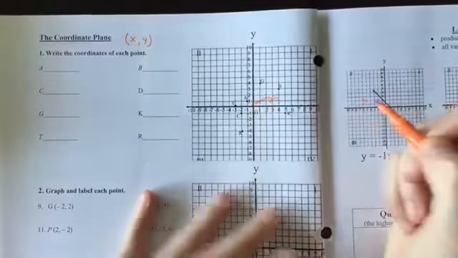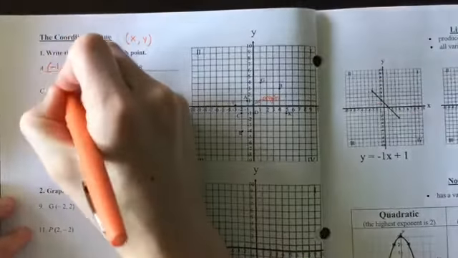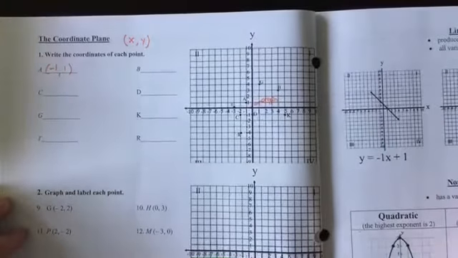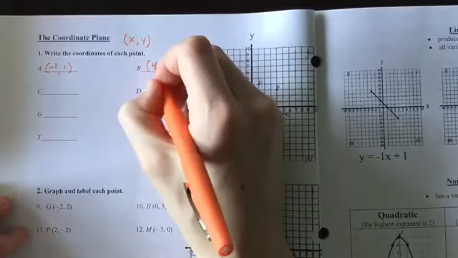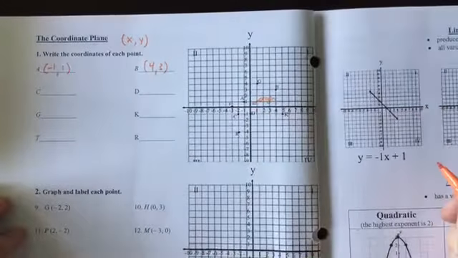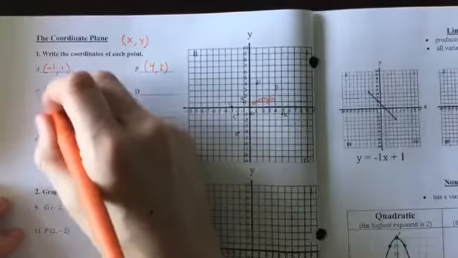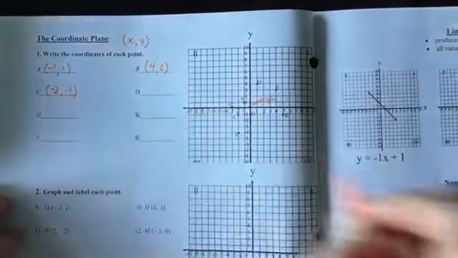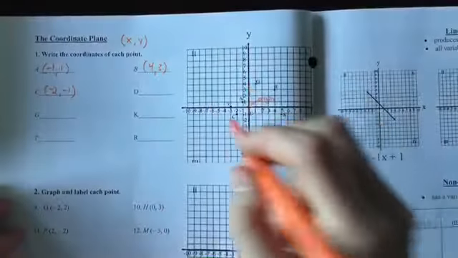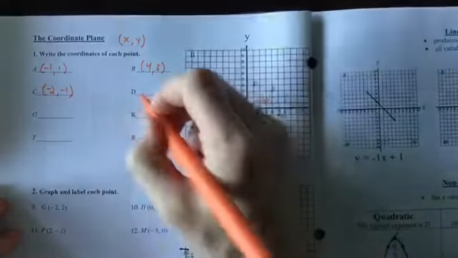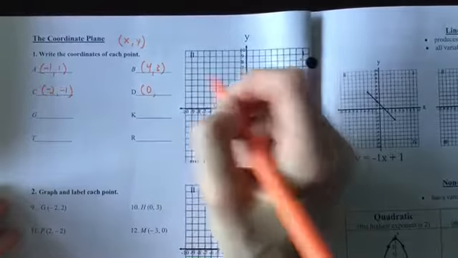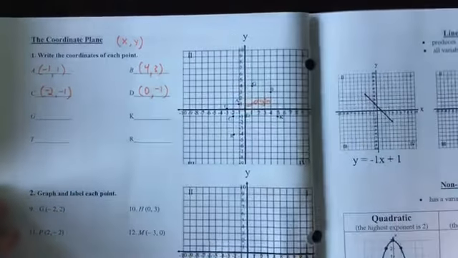Let's see. A is going to be (-1, 1). B, (4, 3). C, (-2, -1). D is on the y-axis, so that is going to be 0 for our x and -1 for our y.